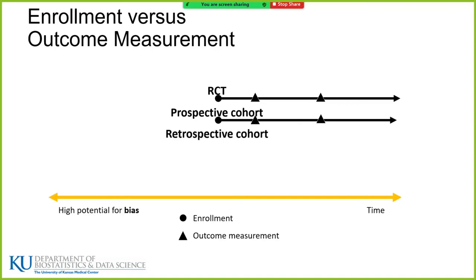A retrospective cohort study differs from these two in that we are enrolling participants and then we're relying on either their electronic medical record or their own recollection of things that have occurred in the past. So the outcomes have either already been collected or we're asking about things that we were not able to observe directly.